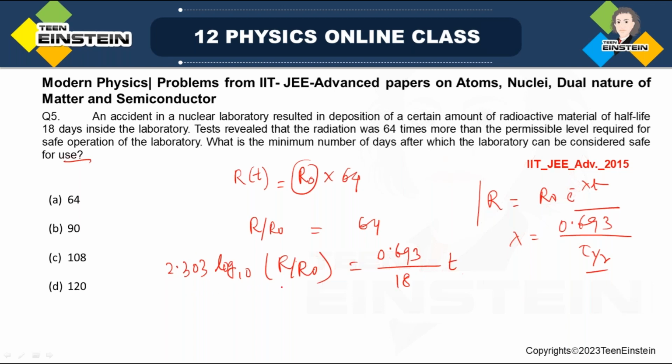So t equals 2.303 into 1.806 into 18 divided by 0.693.